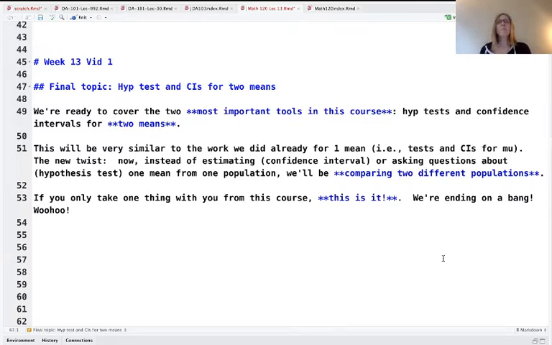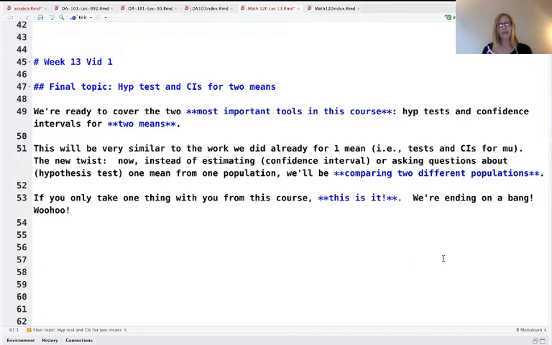I think that maybe more so than any of the other tests or techniques that we've talked about this semester, this particular test and confidence interval are the ones that you guys are most likely to use if you ever consume statistical literature or perform your own statistical tests later on in your lives or your careers.